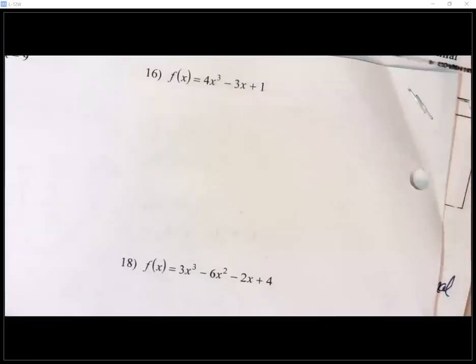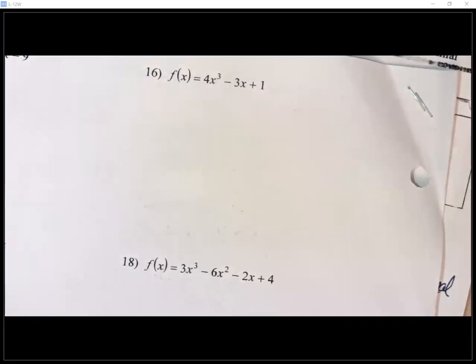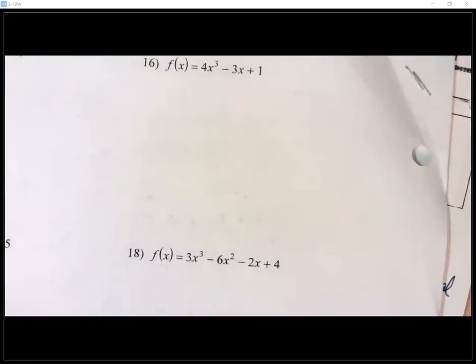16 is a good one because you have to remember something here. Find that list of possible rational roots, so make that really cool list that we start with.